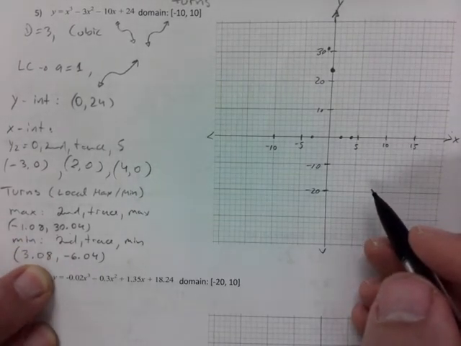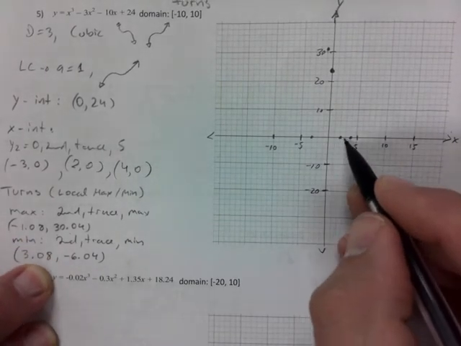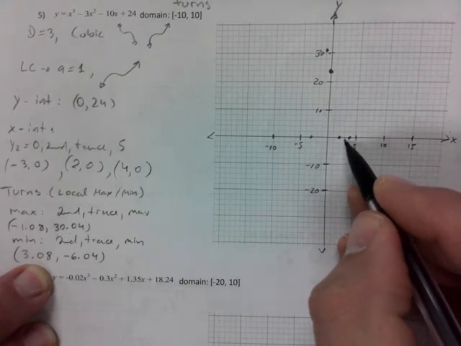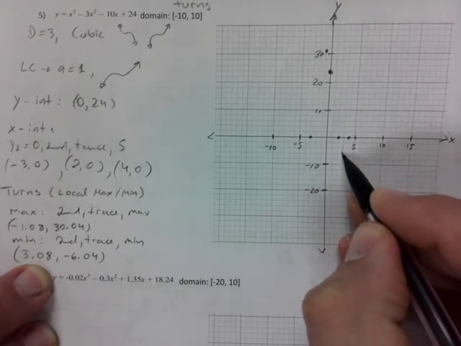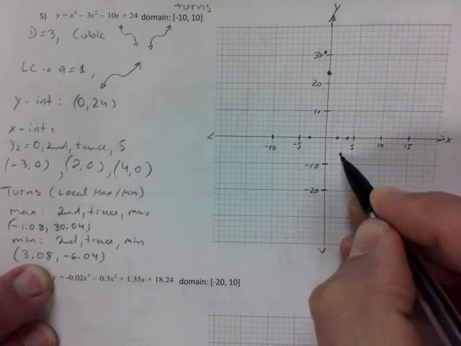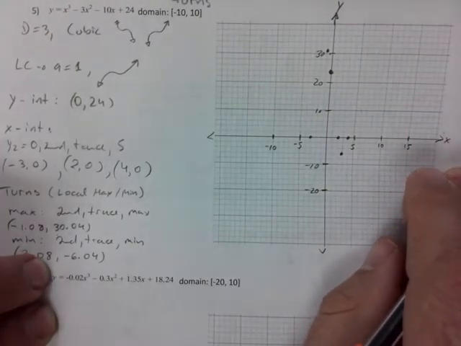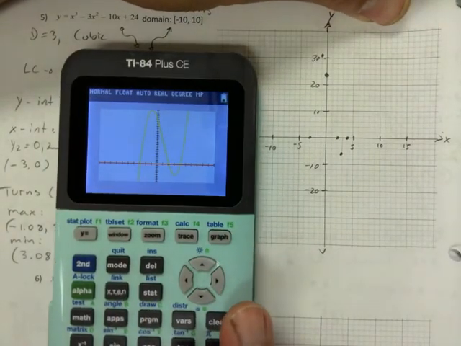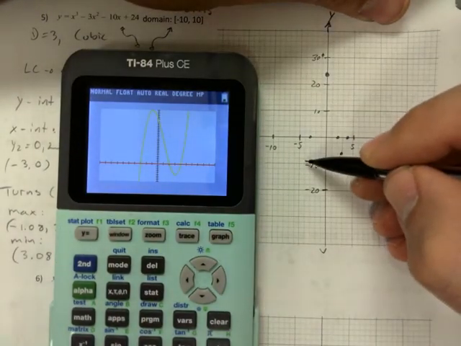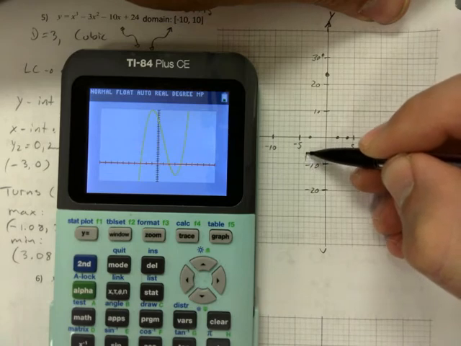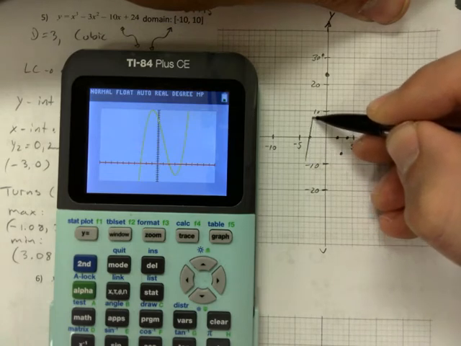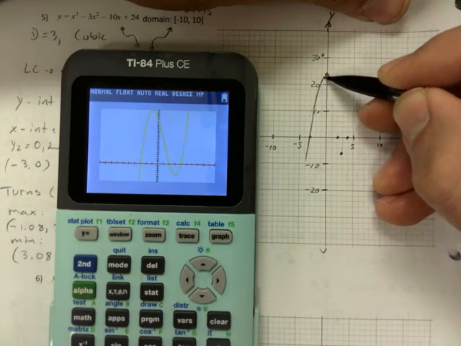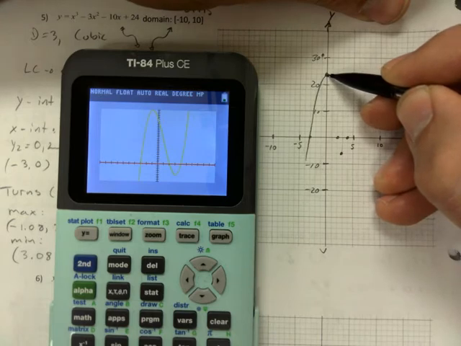And the local min is at 3, negative 6. So this would be 5, so 6 is right about there. So now you have to be very careful, right? You kind of have to maybe let this guide you as to what needs to be done. But I'm going to go through here up to my y-intercept.